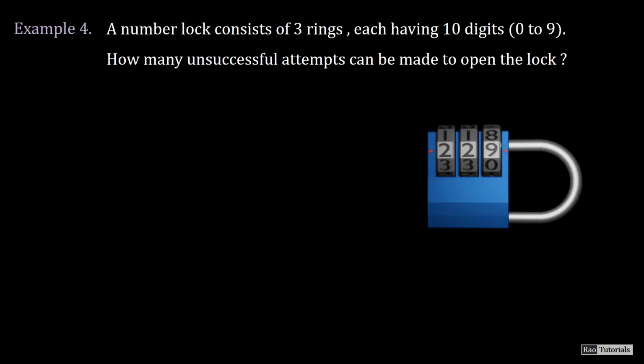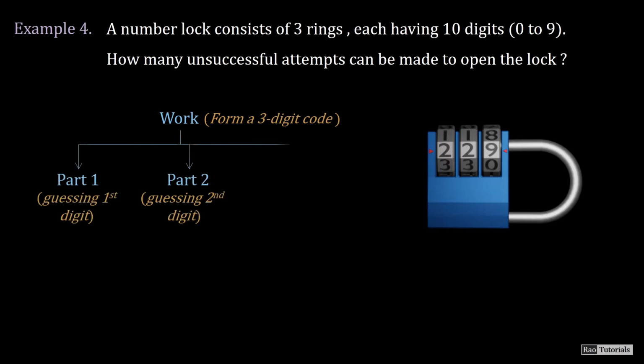Okay. To make an attempt, we need to form a 3-digit code. This requires guessing the first, second, and third digit of the code. The first ring has 10 digits on it from 0 to 9, and it can be rotated and set to show any one of the 10 digits in 10 ways. As the digits in a code may repeat, the second digit of the code can also be selected in 10 ways.